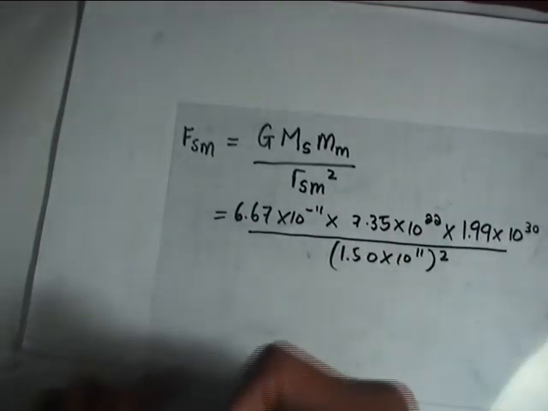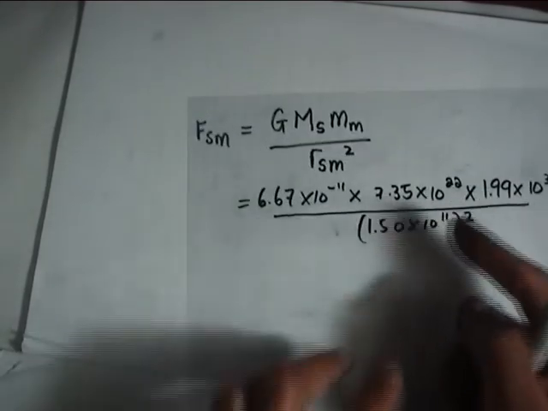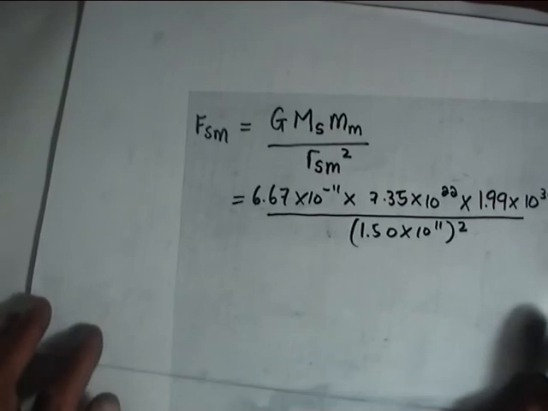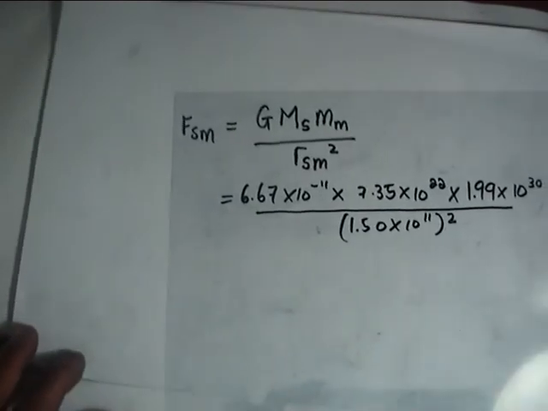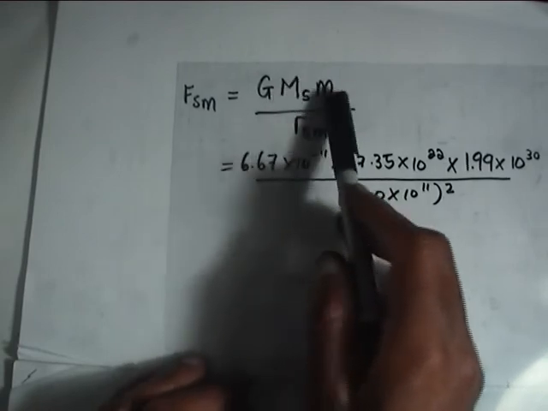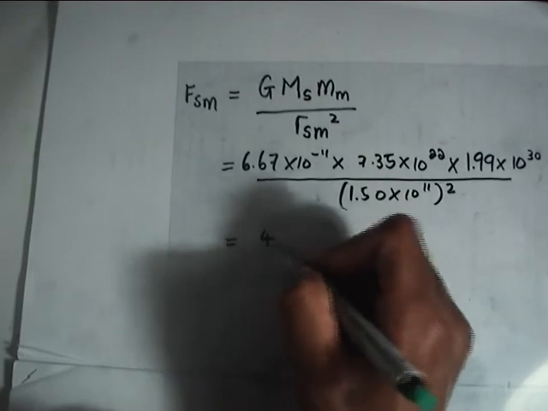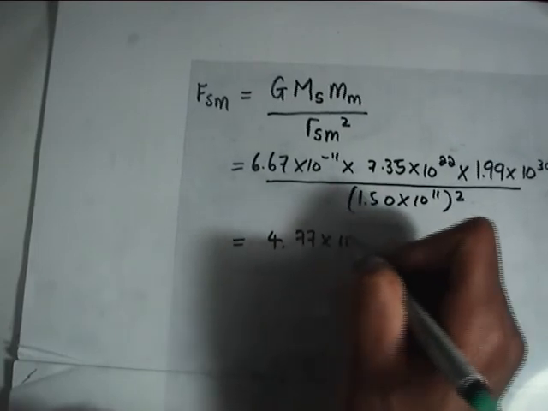Here I just mixed the masses. This is the mass of the sun, and this is the mass of the moon, so I just swapped them. I think I did the same when I was doing the force of the earth on the moon. So this one will give you approximately 4.77 times 10 to the power of 20 newtons.